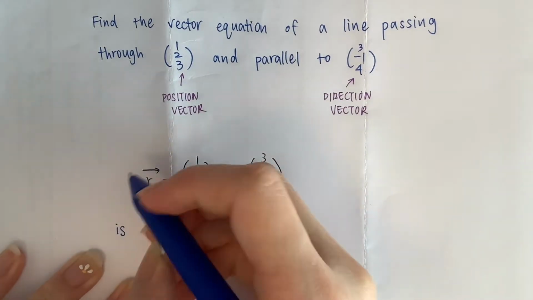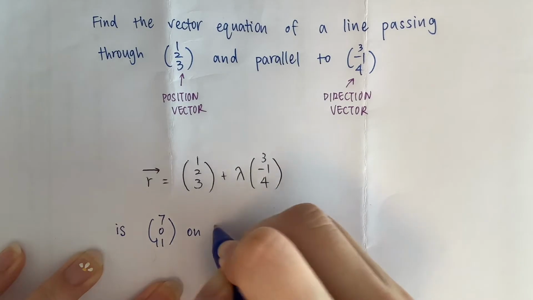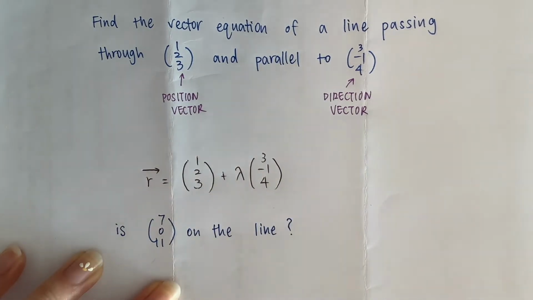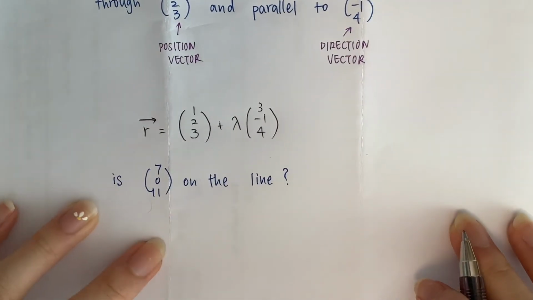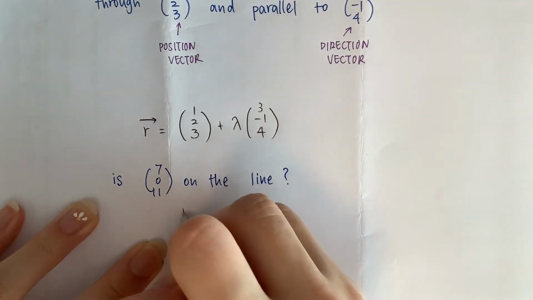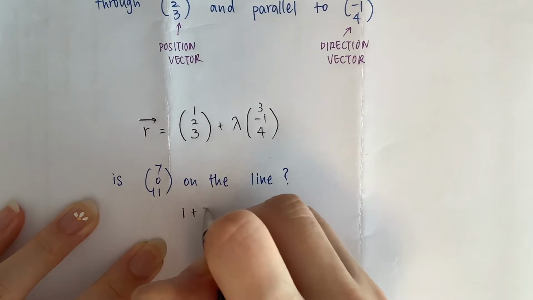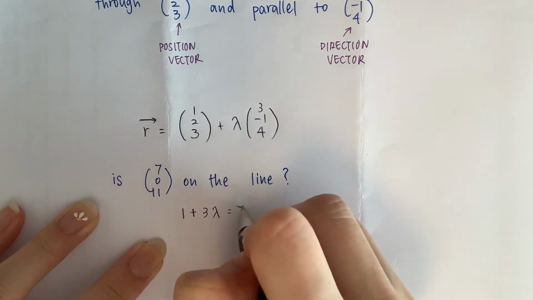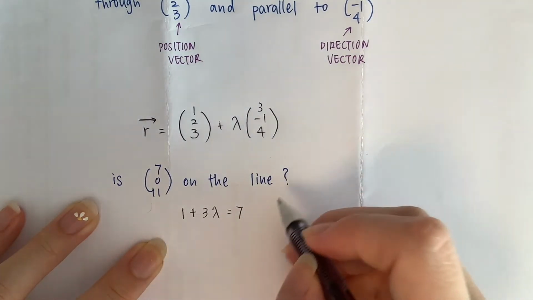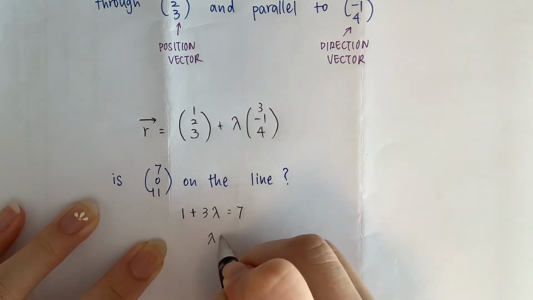So a follow-up question could be, is the point (7, 0, 11) on the line? The first thing to do would be to check the x-coordinate. If we follow the vector equation of the line, we can write that the x-coordinate would equal 1 plus 3 lambda. If we set that equal to 7 and then solve for lambda, we'll get lambda equals 2.